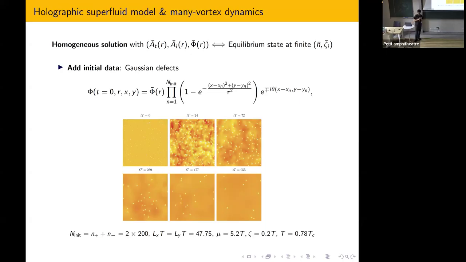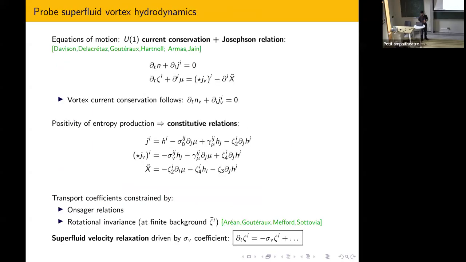Yeah. In principle, yes, it's all a matter of keeping the numerics stable for such a long time, but there's no obstruction in principle. It would be very good if you could color your vortices as positive and negative here. Yeah, that's true. It will be interesting to see correlations. And that's always an equal number. But this hydrodynamic description, we expect it to break down at some point when there are few enough vortices.